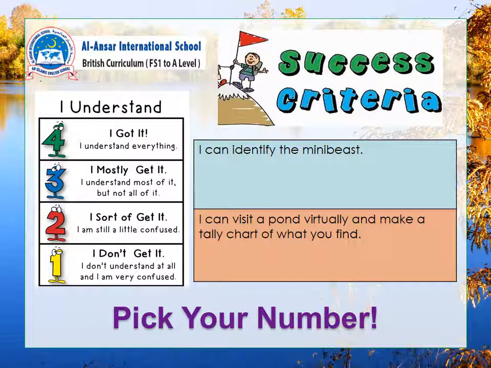And if you have any question, feel free to ask your teacher during the lesson. Don't hesitate. Next and the last is, can you visit a pond virtually and make a tally chart of what you find? So pick your number and create your tally chart. If you have already done one, do share it with your teacher during the lesson.